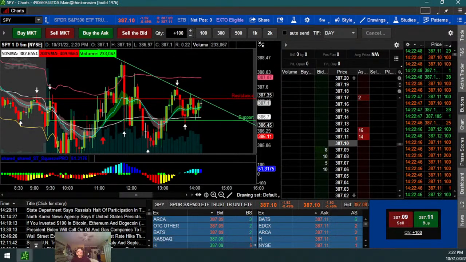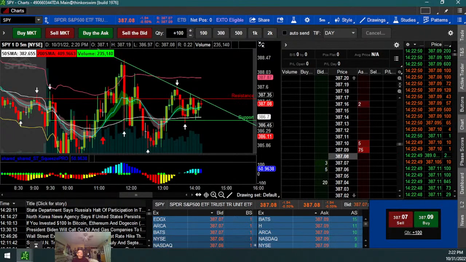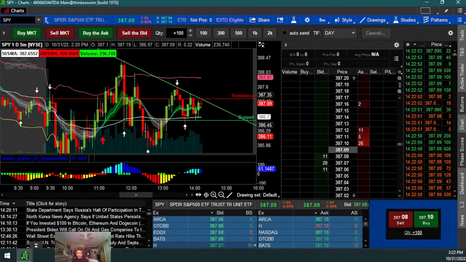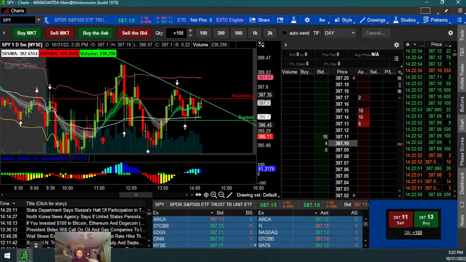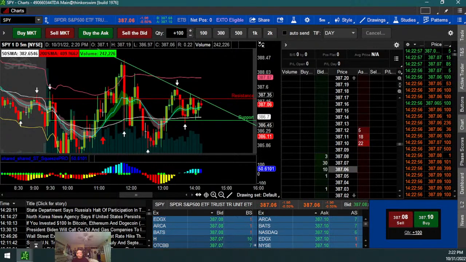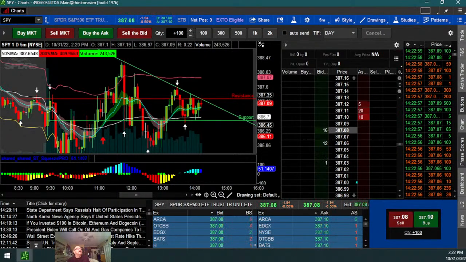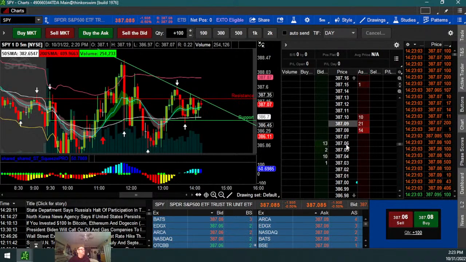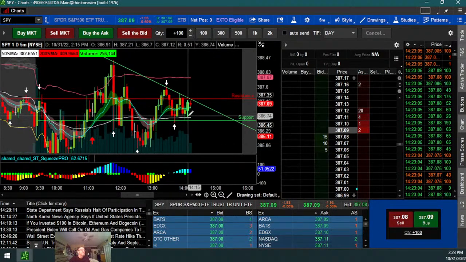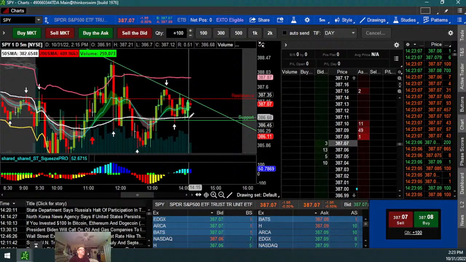There you go. Perfect trend line. Let's see. I still see a downward trend, lower lows, though we've been able to hold up at that VWAP.